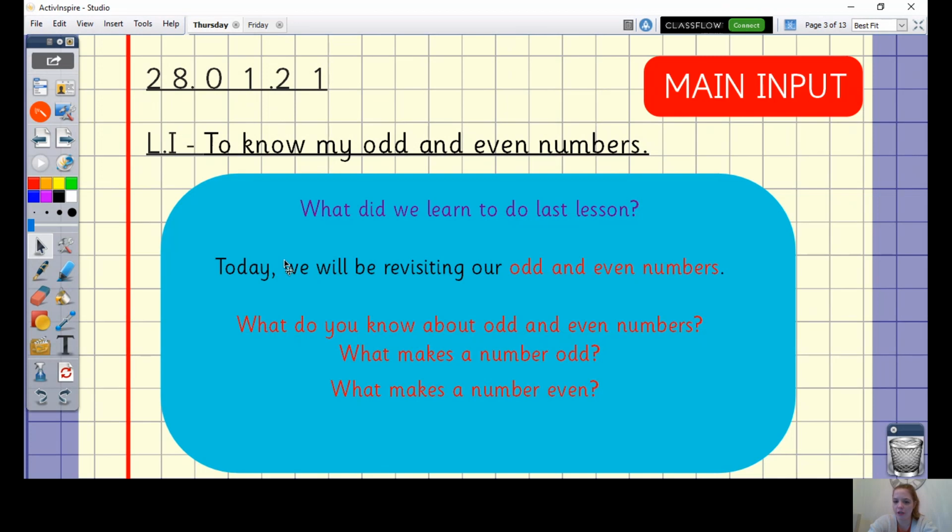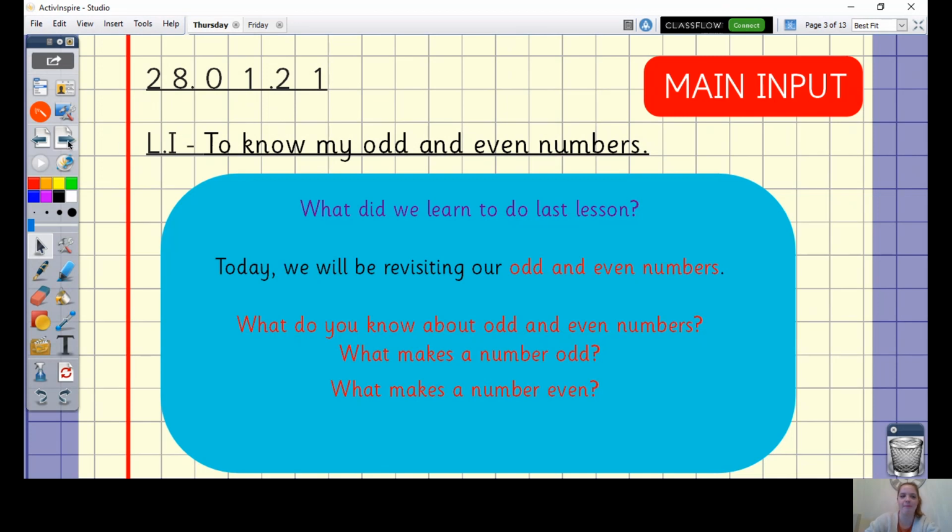What do you know about odd and even numbers? What makes a number odd? What makes a number even? How do we know which numbers are odd? How do we know which numbers are even? You may even want to have a go at listing some numbers that you know are odd and some numbers you know are even. I'll give you some time to think about that and we'll share in a moment.